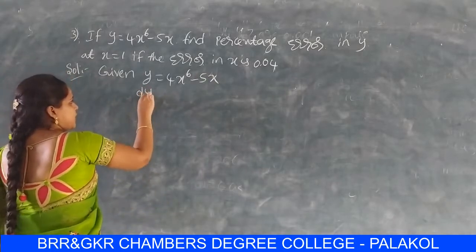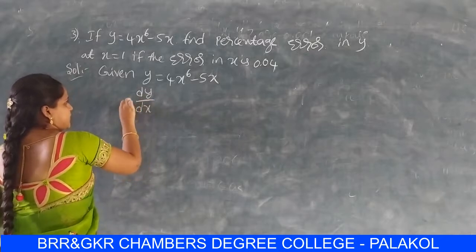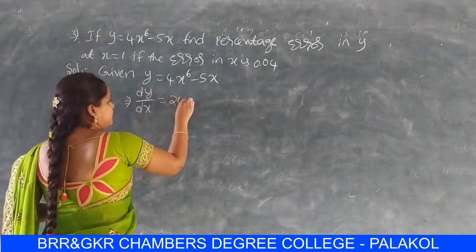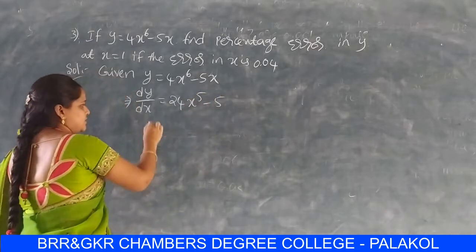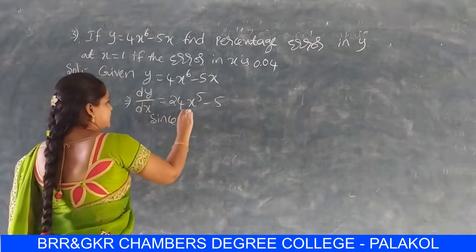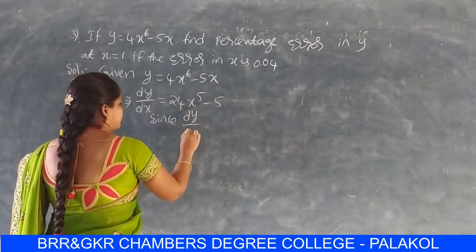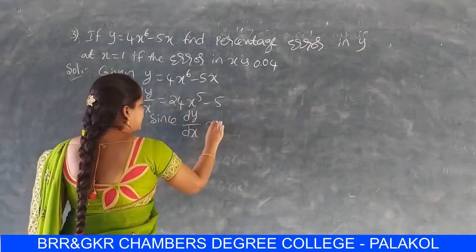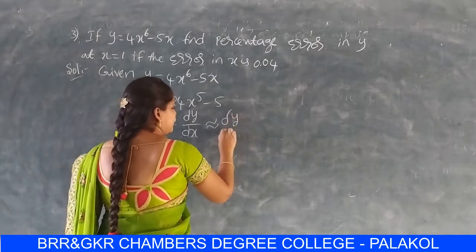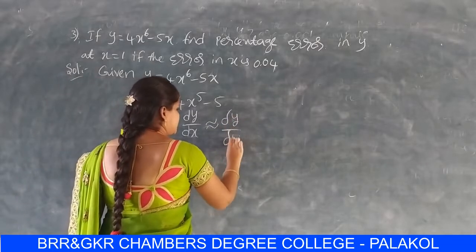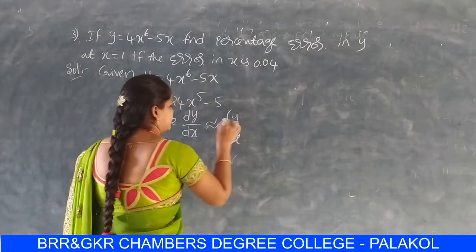Now dy by dx is equal to 24x to the power of 5 minus 5. Since dy by dx is similar to delta y by delta x, it just indicates that.